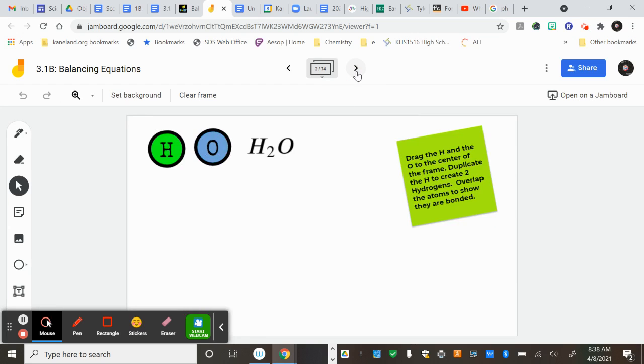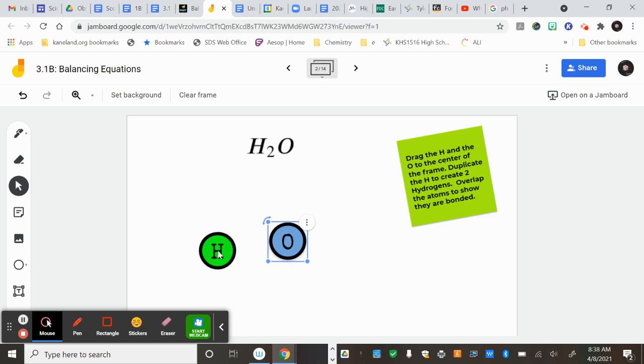And then the first couple slides after that are going to be learning how to make individual molecules. The instructions say drag the H and the O to the center of the frame because we're trying to make an H2O molecule. Then it says duplicate the H to create two hydrogens. If you click on these three dots right here, it will say duplicate.